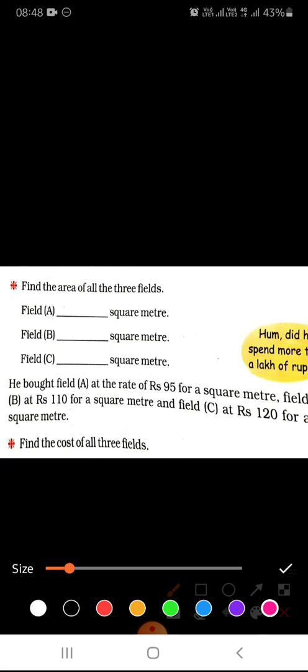You will write the area of field A here, the area of field B here, and the area of field C in this gap. Is it okay?